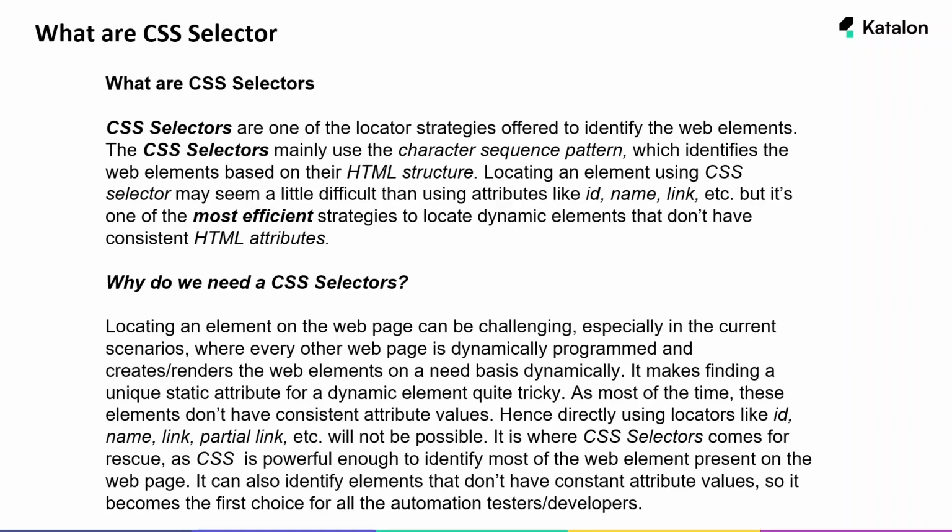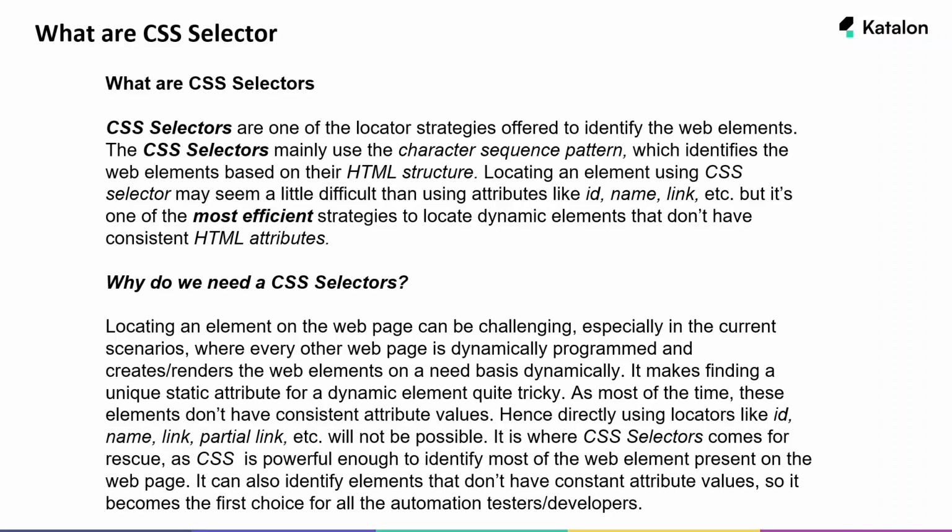So finding a unique static attribute for a dynamic element is quite tricky, right? Most of the time, these elements don't have consistent attribute values. Hence, directly using locators like ID, name, link, partial link, etc. will not be a possible solution.